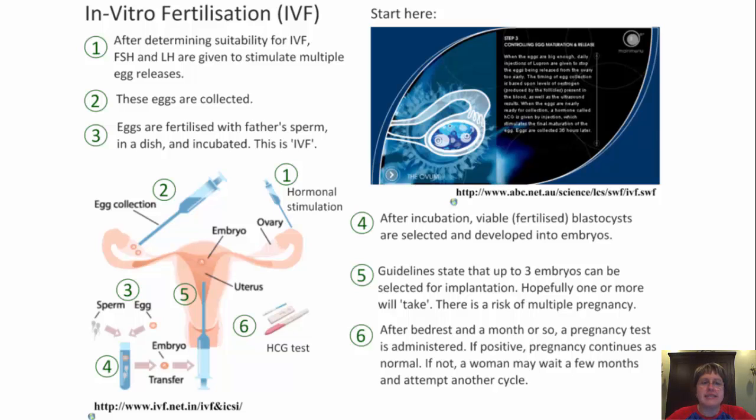Okay, so another idea along with this reproductive line is in vitro fertilization, or IVF. IVF is for fertilization outside the body, making sure that it can happen. This is a nice site that you can go to again, take yourself through this.